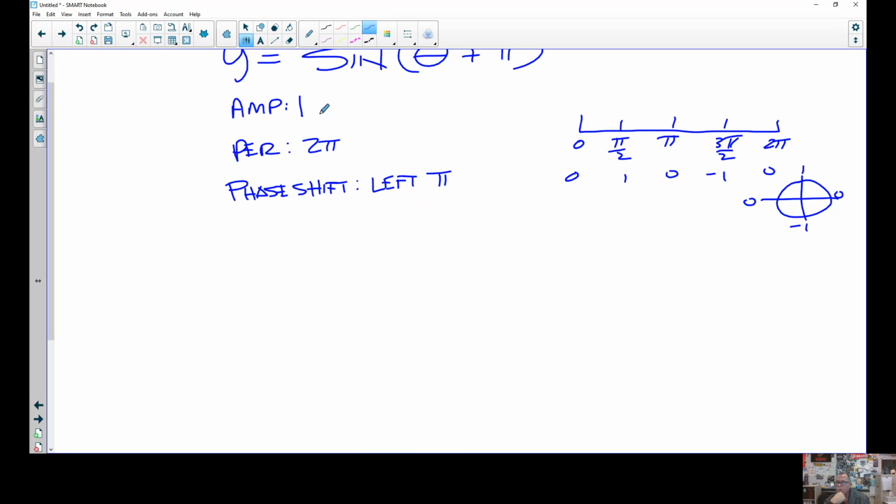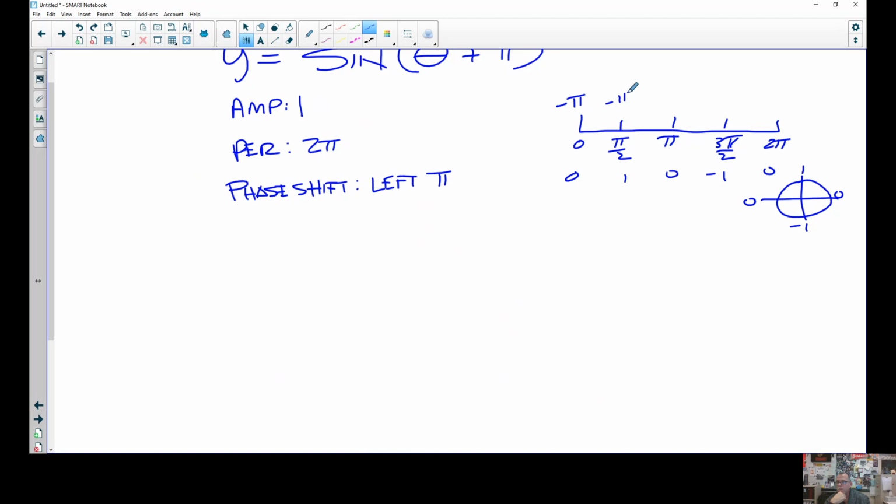The period and amplitude haven't changed. So the amplitude decides these numbers, right? The period hasn't changed. It's still 2 pi, going 0 to 2 pi, so it's going to be every pi over 2. The difference is we're starting left pi. So we're subtracting pi from this value. Instead of starting at 0, we're going to start out at negative pi. So I just subtract pi from every one of these.